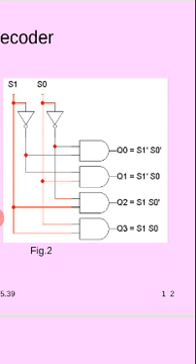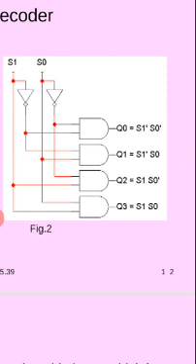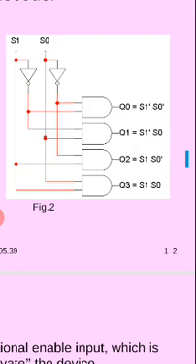Hence, S1 is taken from the NOT gate and S0 is taken directly. For Q2, S1 and S0 dash. Hence here S0 is taken from NOT gate and S1 is taken directly. For Q3, S1, S0, no complement.